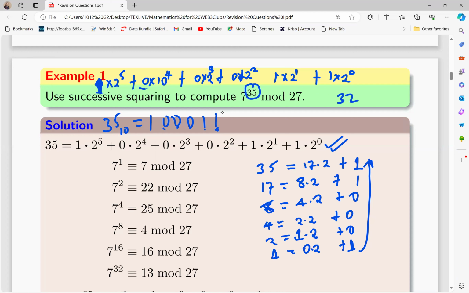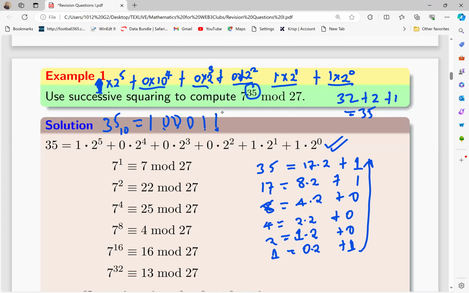This part will give you 0. This part will give you 0. This part will give you 0. This part will give you 2. And this part will give you 1. So this one gives you 35. I just expanded using this.